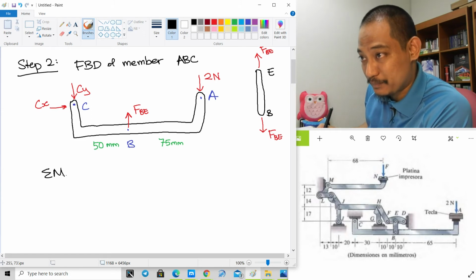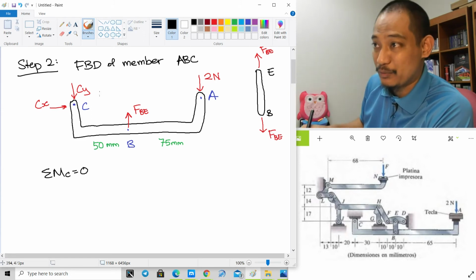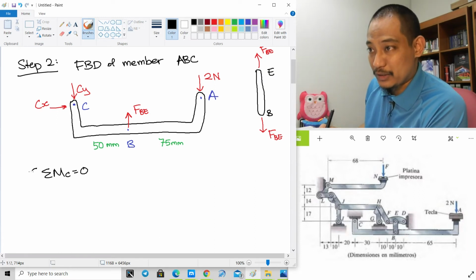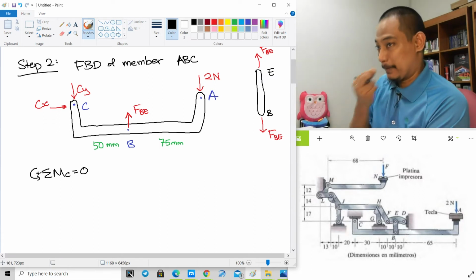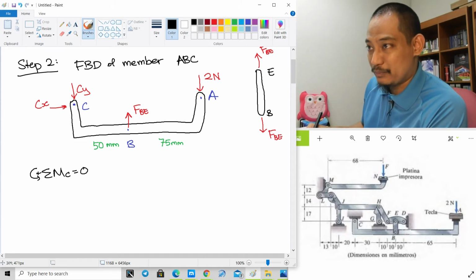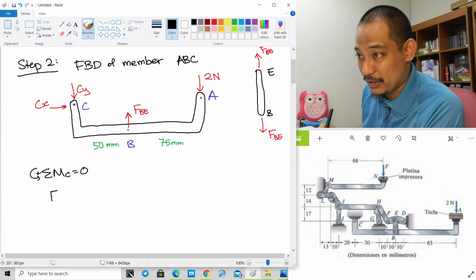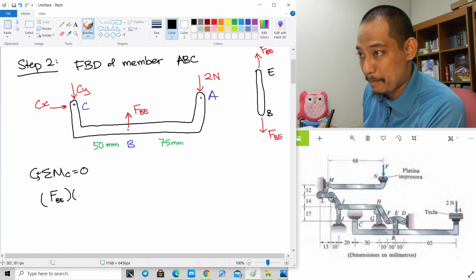Summation of moment about point C equal to 0. So I take moment about this point C here. I'll take counterclockwise as positive. Taking moment about this point, obviously Cx and Cy will produce 0 moment. FBE is counterclockwise, so it will be positive: FBE times the distance of 50 millimeter.